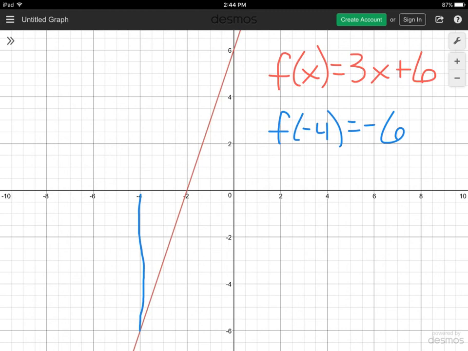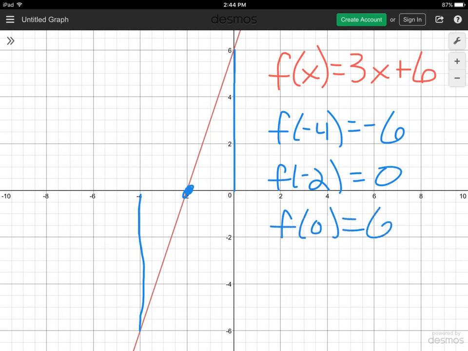Right here, what's the output? The x value, the input, is -2. The output is 0. The y value there is 0. When the input is 0, the output is 6. So you can just go through and find your x values and shoot them up or down into the corresponding y values.